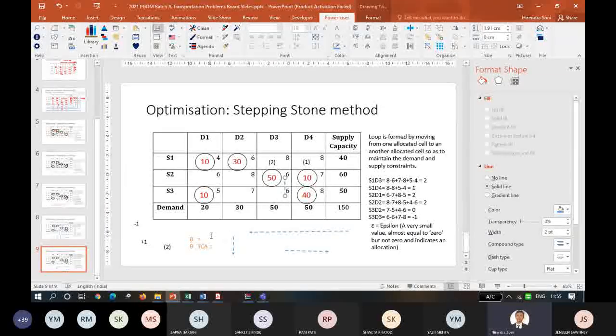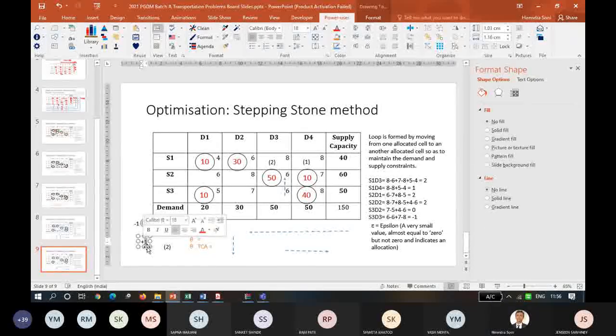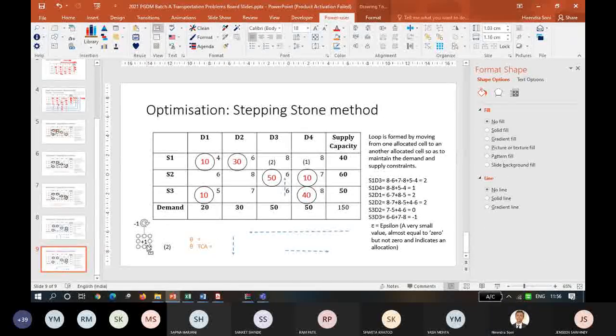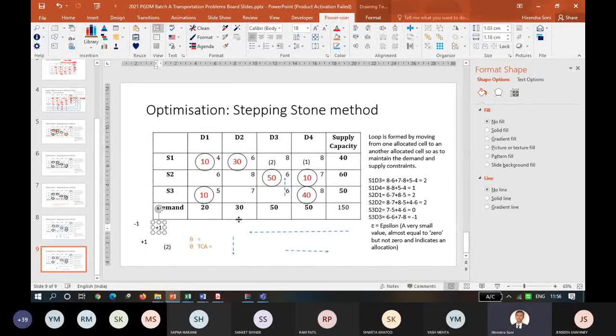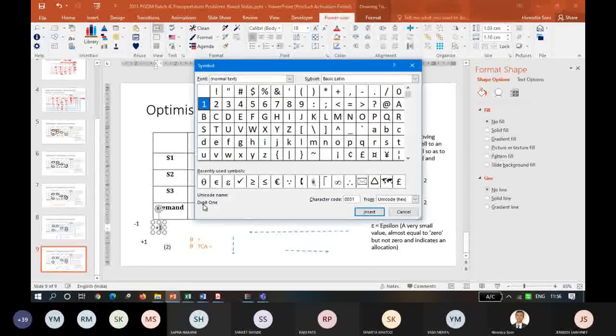We are assuming an allocation here. So we'll say plus theta. क्योंकि हम readjustment कर रहे हैं इसके लिए we'll take theta.